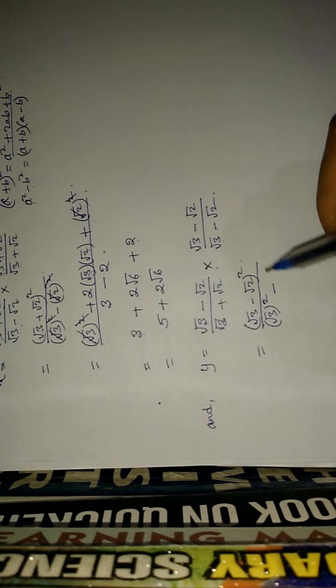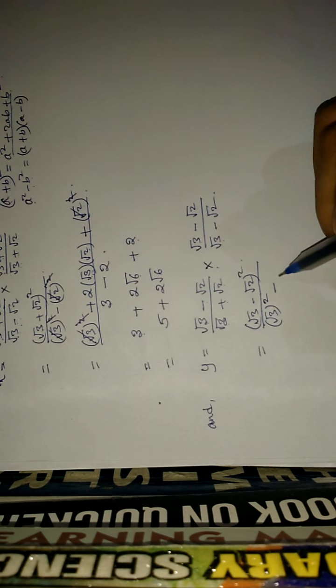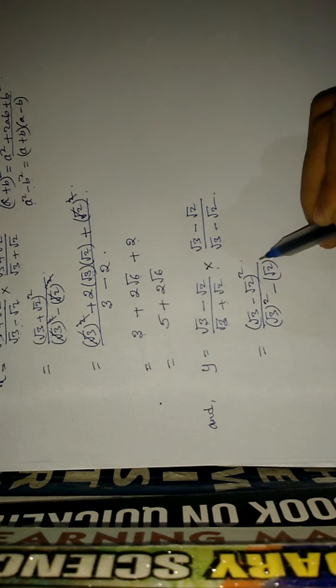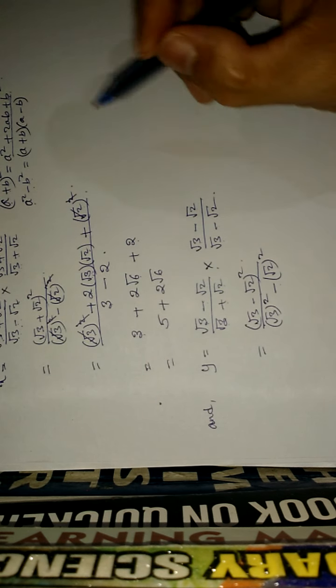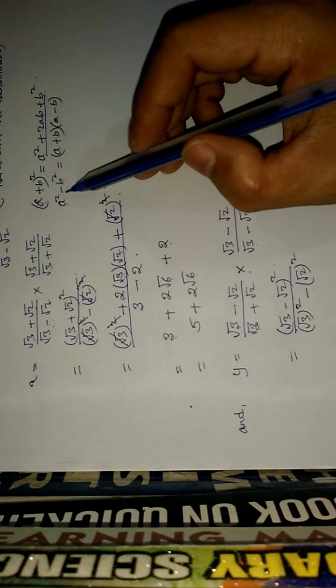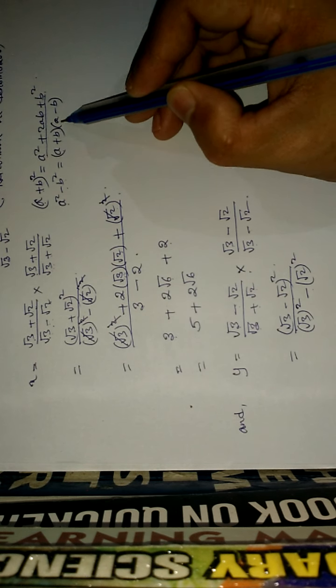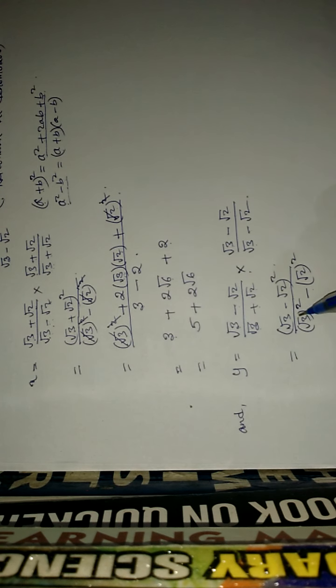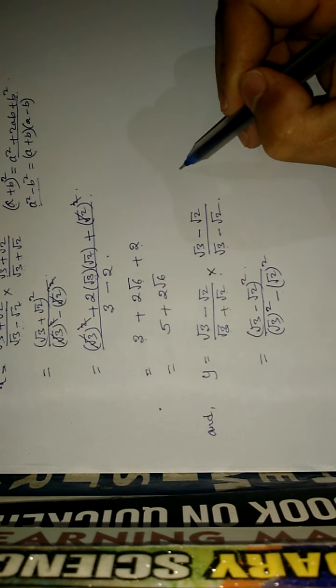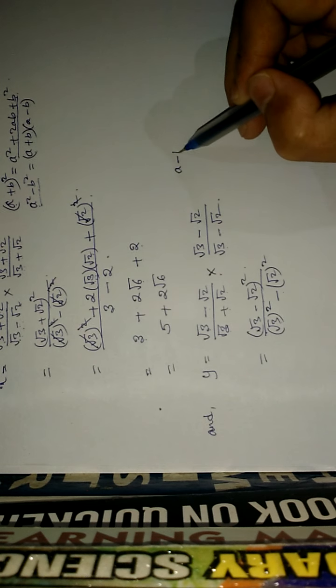Then here we have a minus b square. A minus b square expanded form is a square minus 2ab plus b square. Let's expand this one. Numerator here, a is root 3.